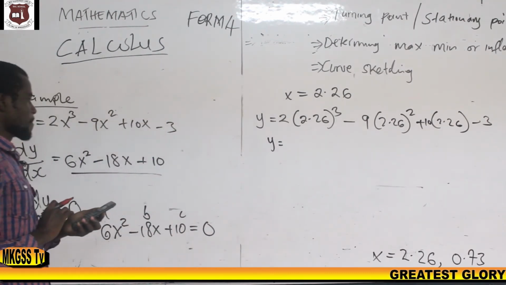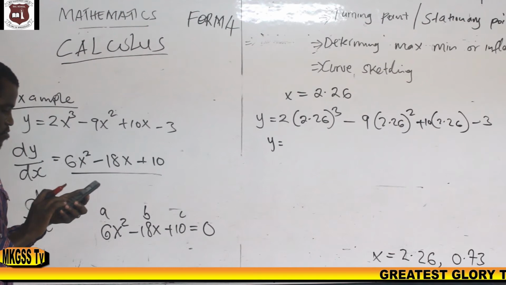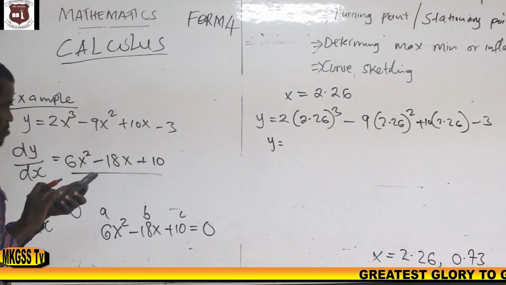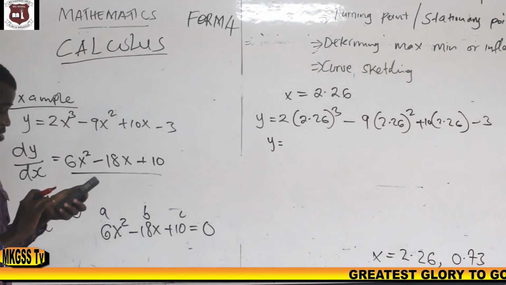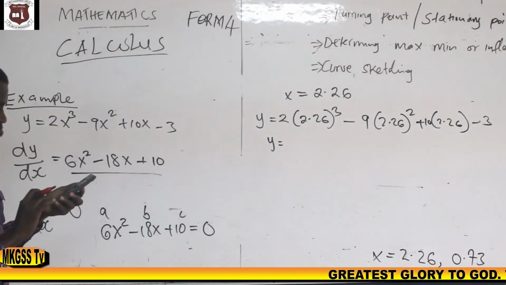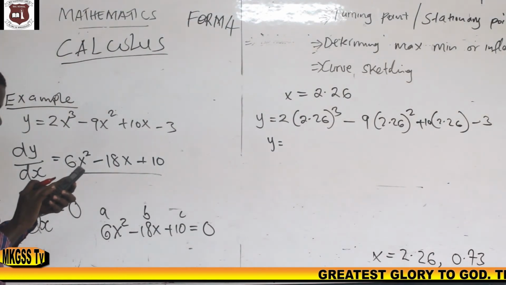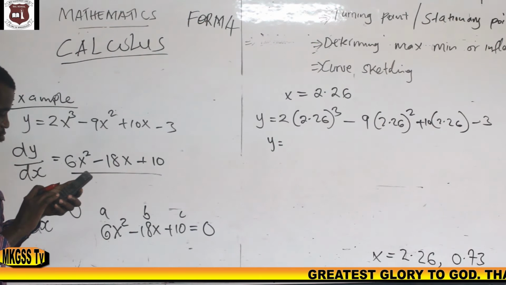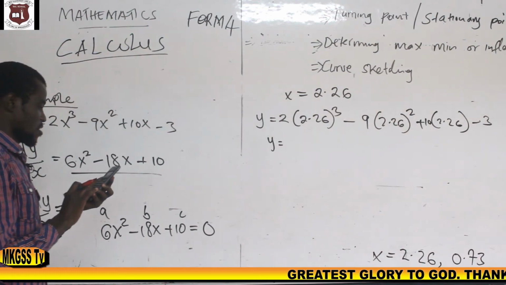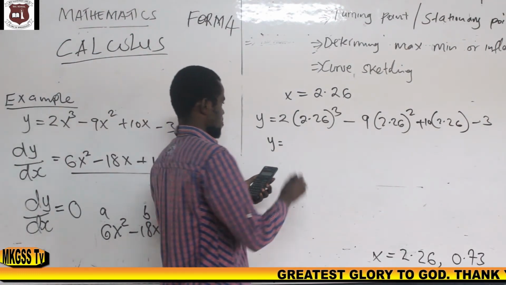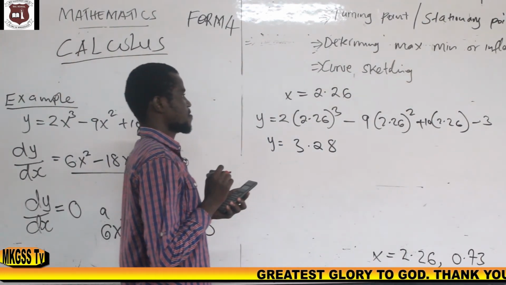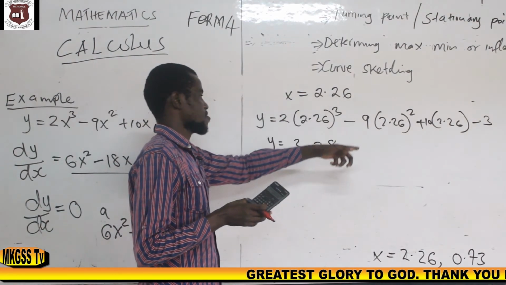So y will give you 2 into bracket 2.26 cube minus 9 into bracket 2.26 squared plus 10 into bracket 2.26 minus 3, and that gives you 3.28, that being the value of y when x is equal to 2.26.